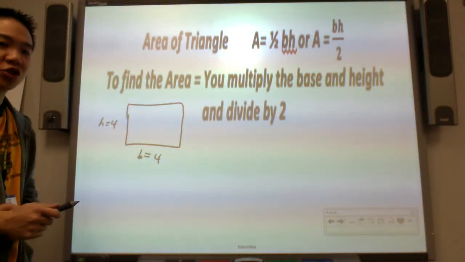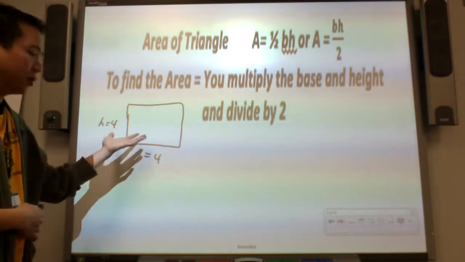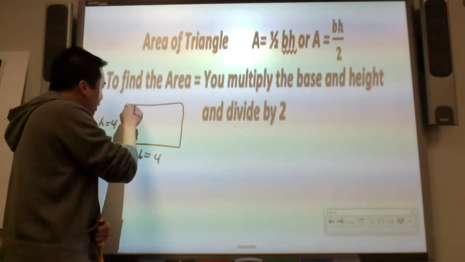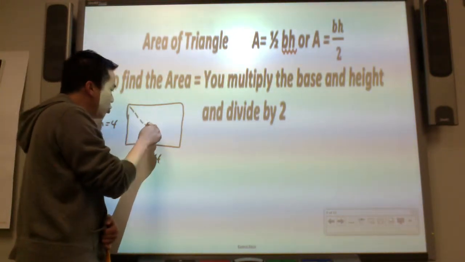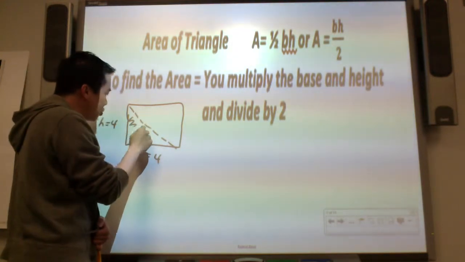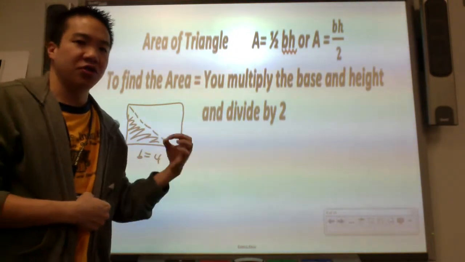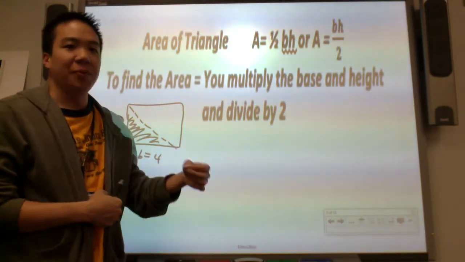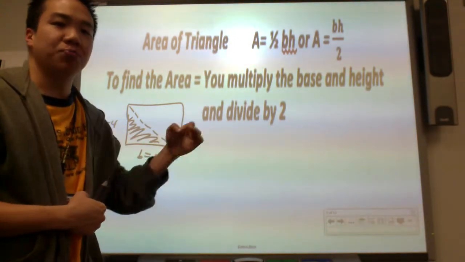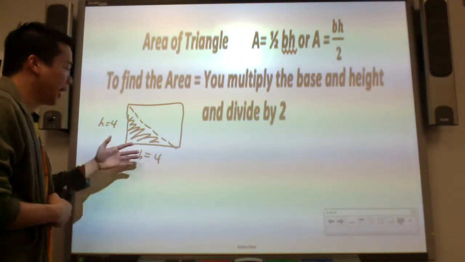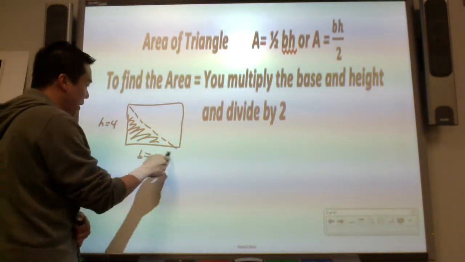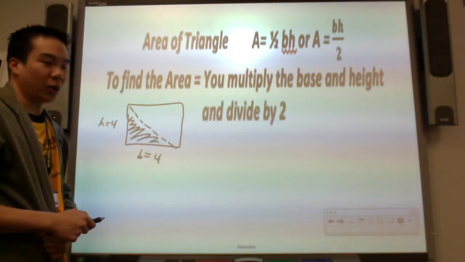What is the area of the square? 16 square units. However, if I divide it into two parts, you now have a triangle. 16 divided into two parts is 8 square units per triangle. Hence, a triangle is half of a square with the same base and height.